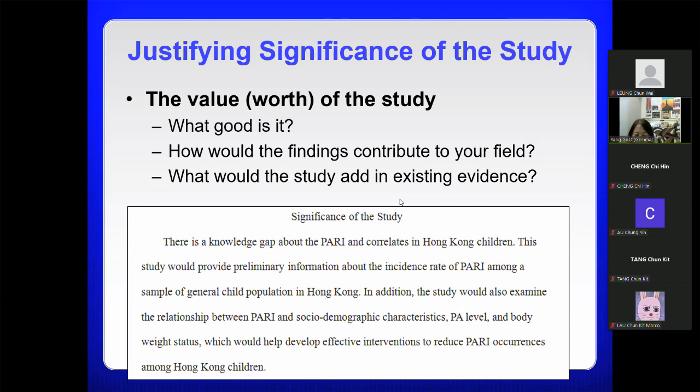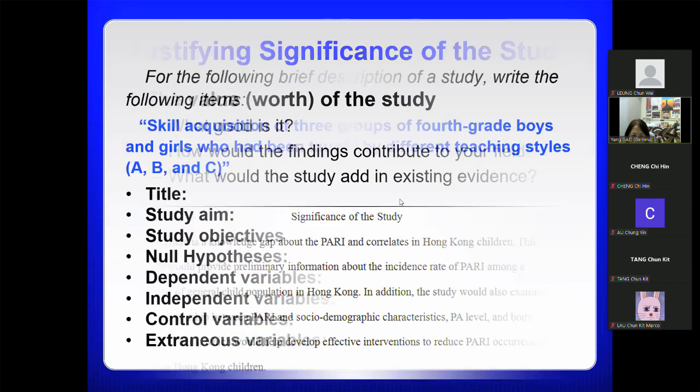In addition, this study will also examine the relationship between the injury and some factors, which also provides consideration to this area. So this is an example of the significance of the study, which derived from a previous thesis done by previous students.